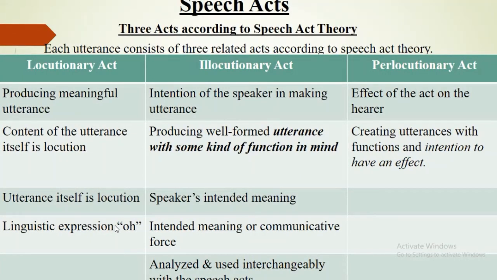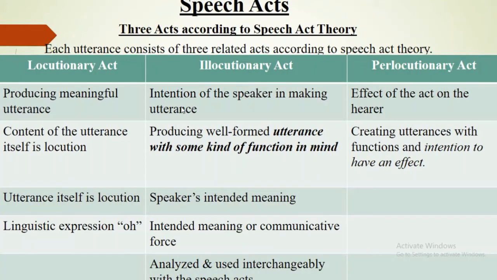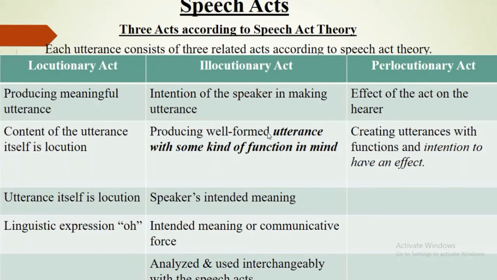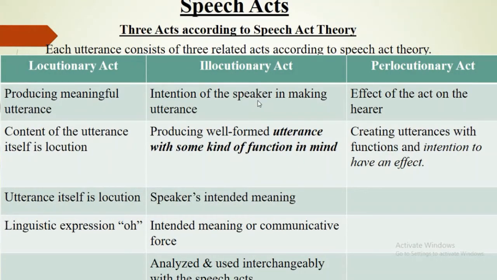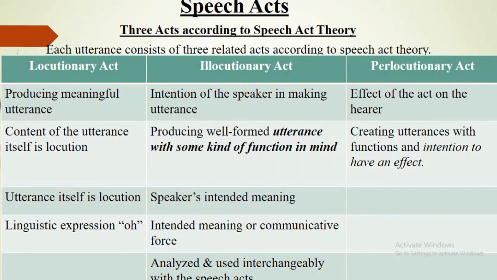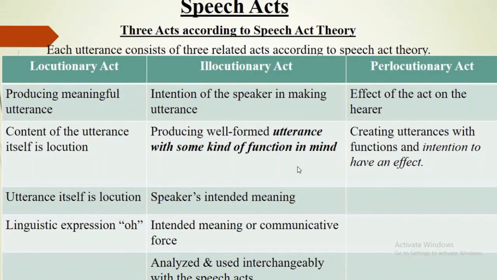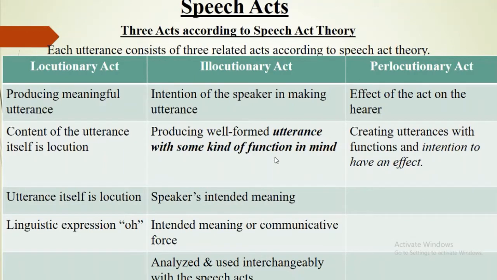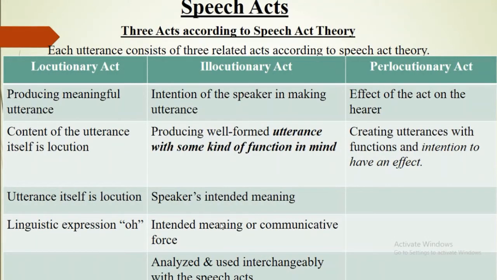Second one is the illocutionary act. Sometimes illocutionary acts are called speech acts according to some linguists. The illocutionary act is the intention of the speaker for making any utterance, or you can say producing a well-formed utterance with some kind of function in mind on the part of the speaker, or the speaker's intended meaning or communicative force.